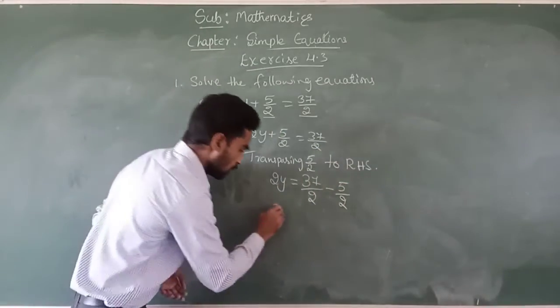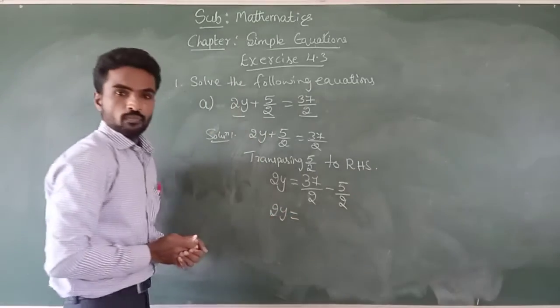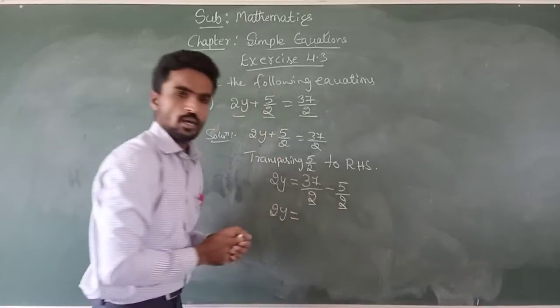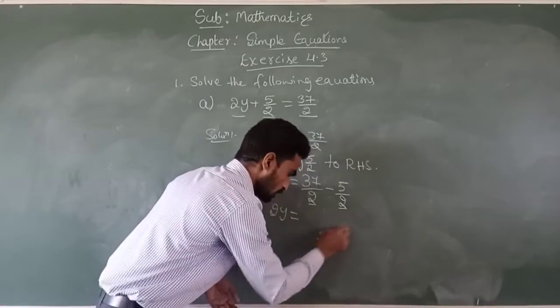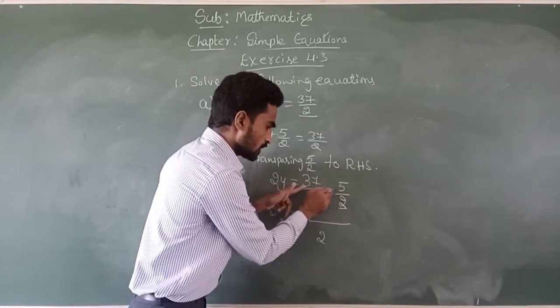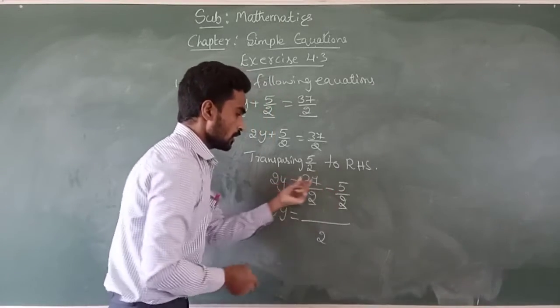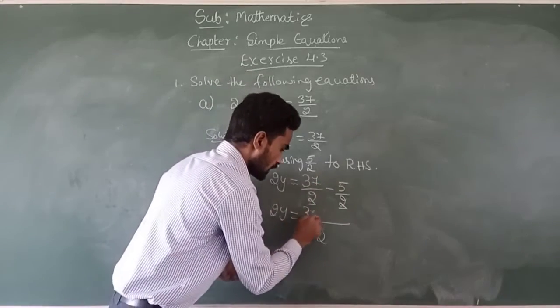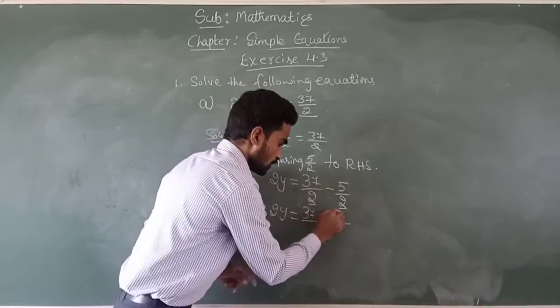Now observe, both have the same denominator, and subtraction is there between the two numbers. So we subtract the numerators, 37 minus 5.